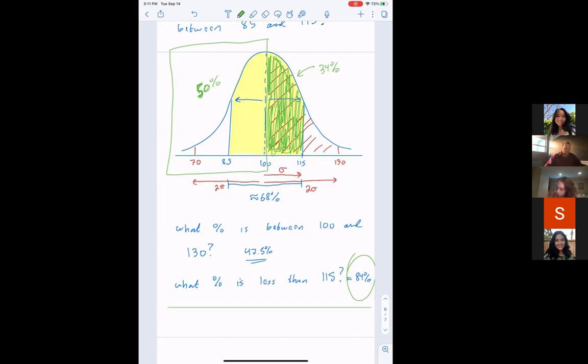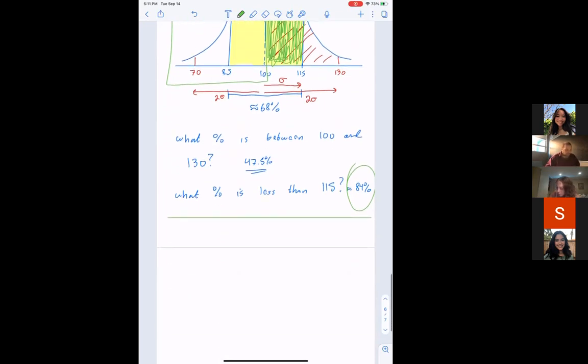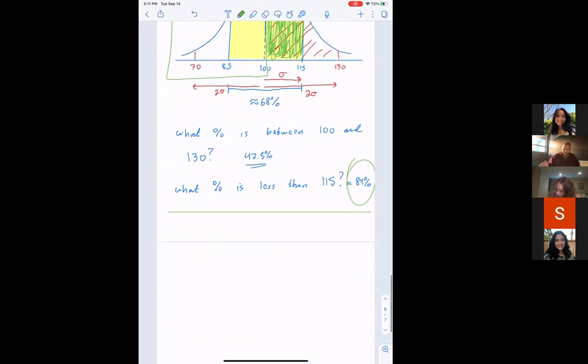So let's do another example. Suppose we have a situation. So we have a normal distribution. You've got to be told that it's normal.